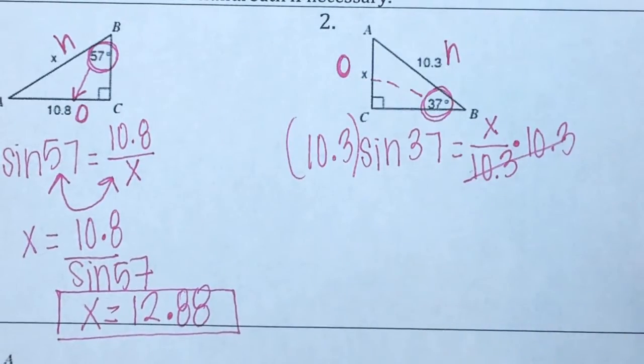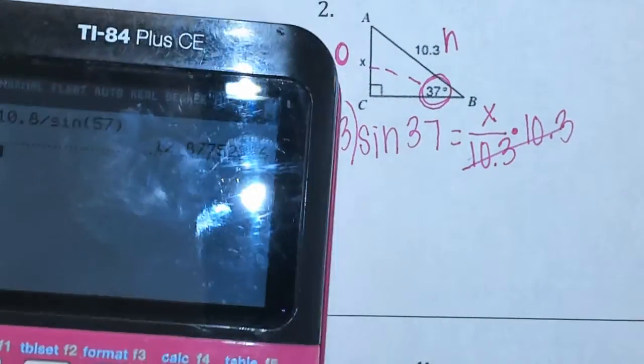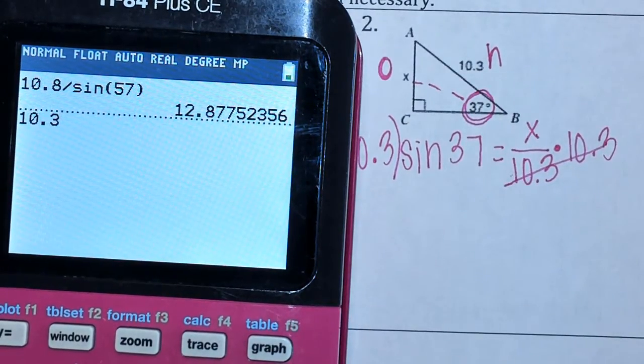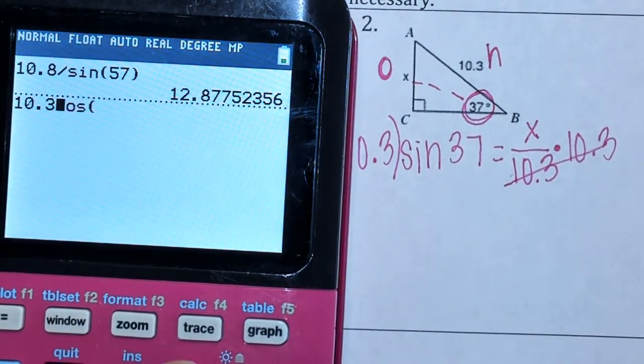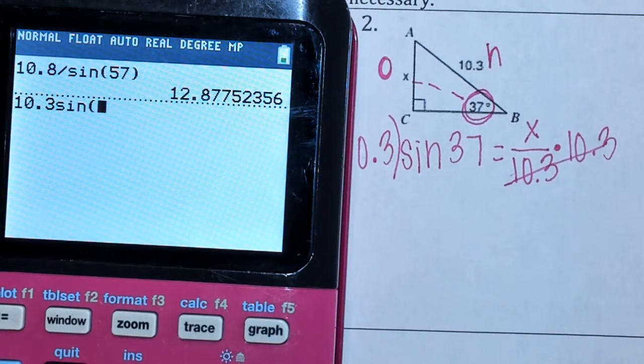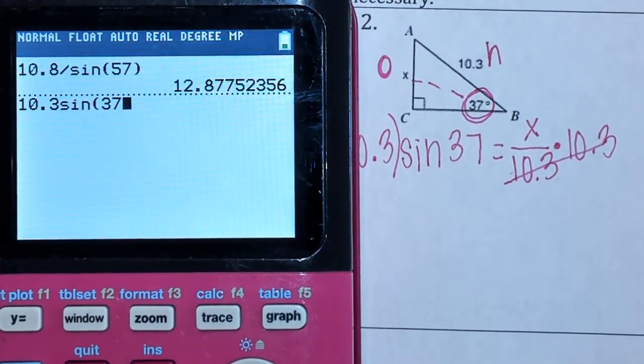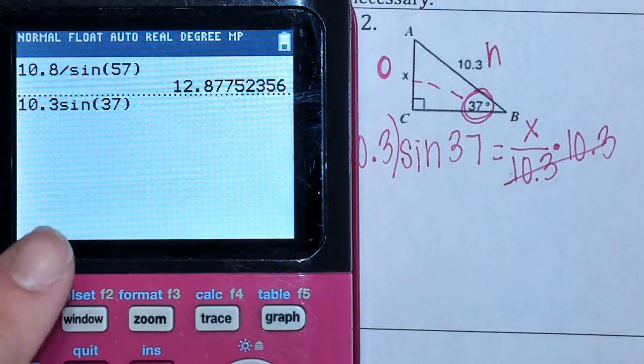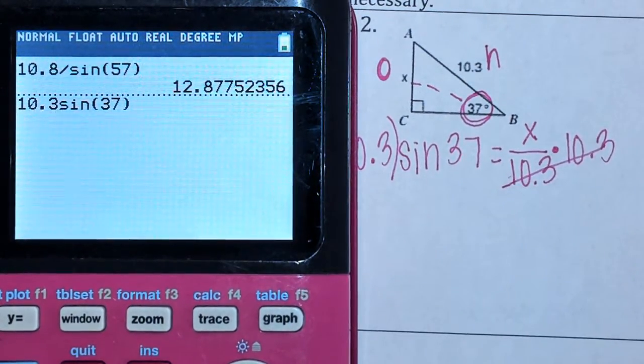So now here's how we type this in our calculator. 10.3 sine 37, close your parentheses. You can press multiply. You'll get the same thing.